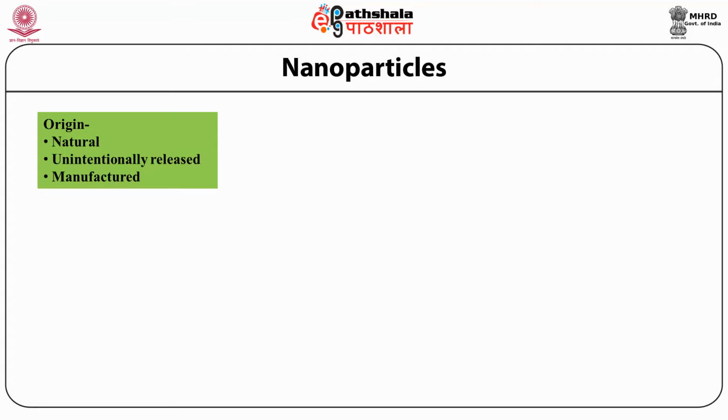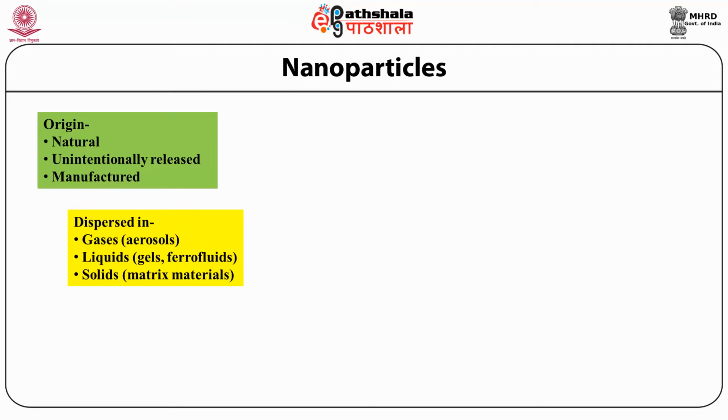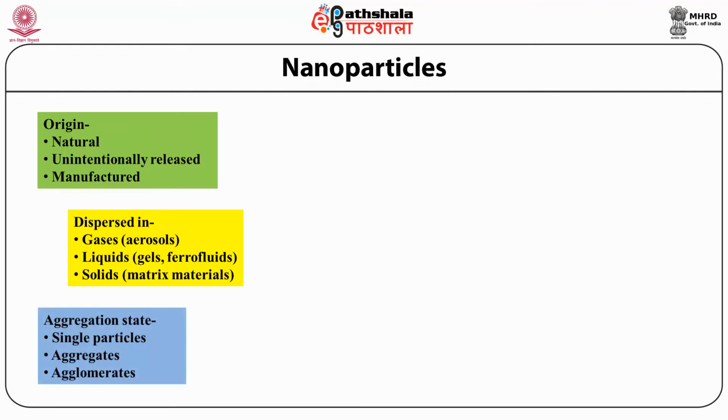They are dispersed in gases, that is, in aerosols, liquids, gels, ferrofluids, solids, matrix materials. In the aggregation state, they can be single particles, they can aggregate, or they can agglomerate.